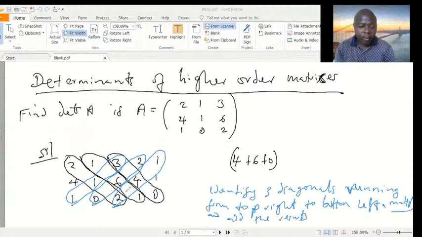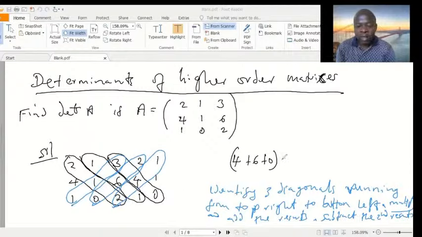So we identify, multiply this and add the result. Subtract the second result from the first result.